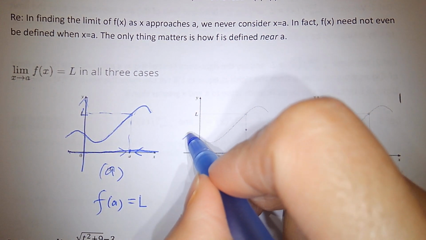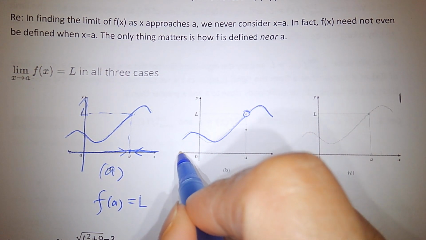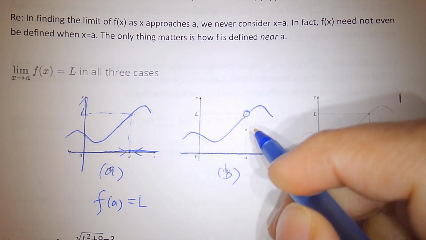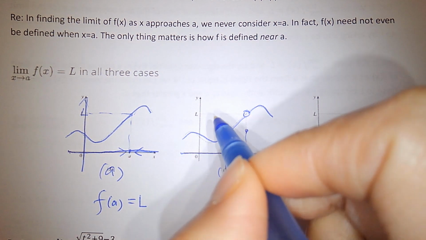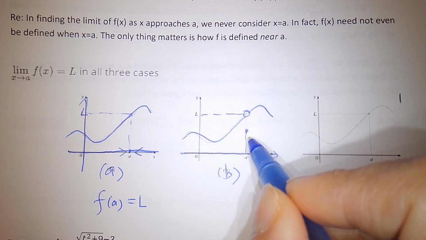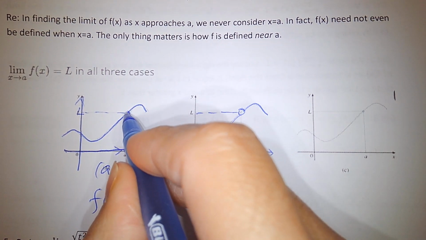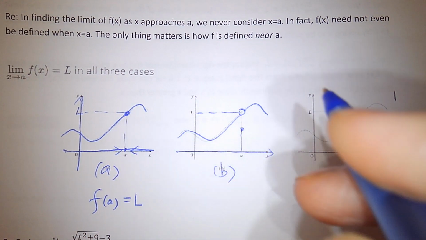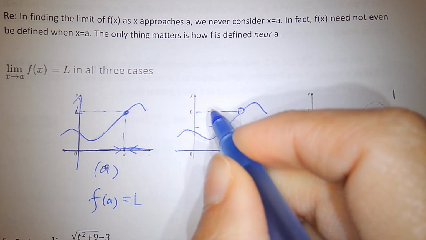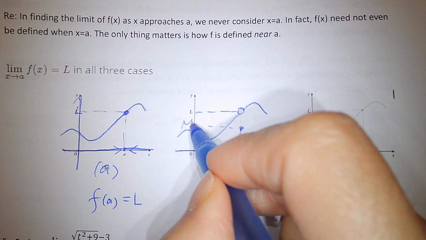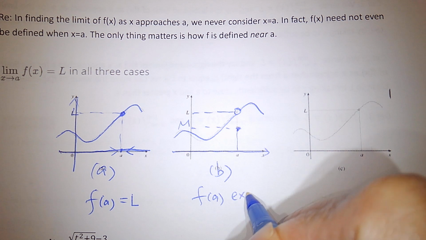How about the second case? What's the difference between the second case and the first case? This is case B. In this case, does f of a exist? It does, because we have a closed circle, which means f of a exists.